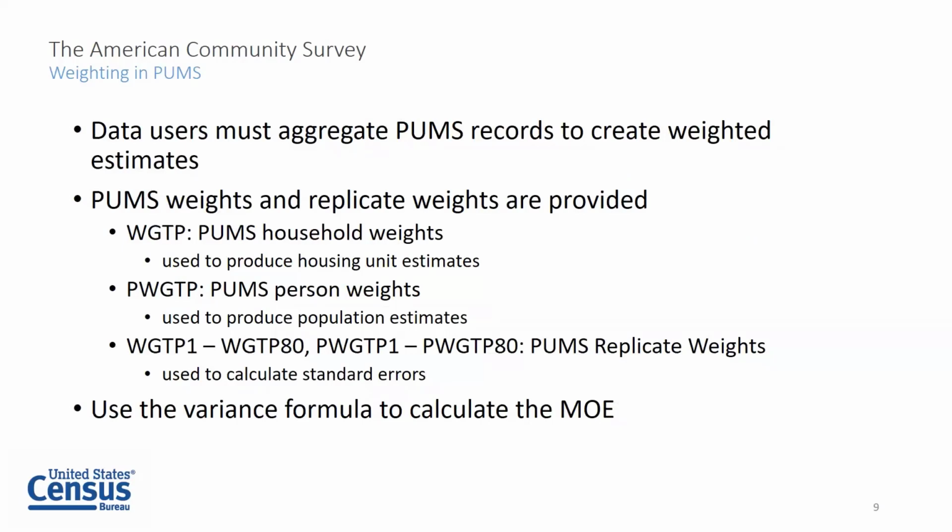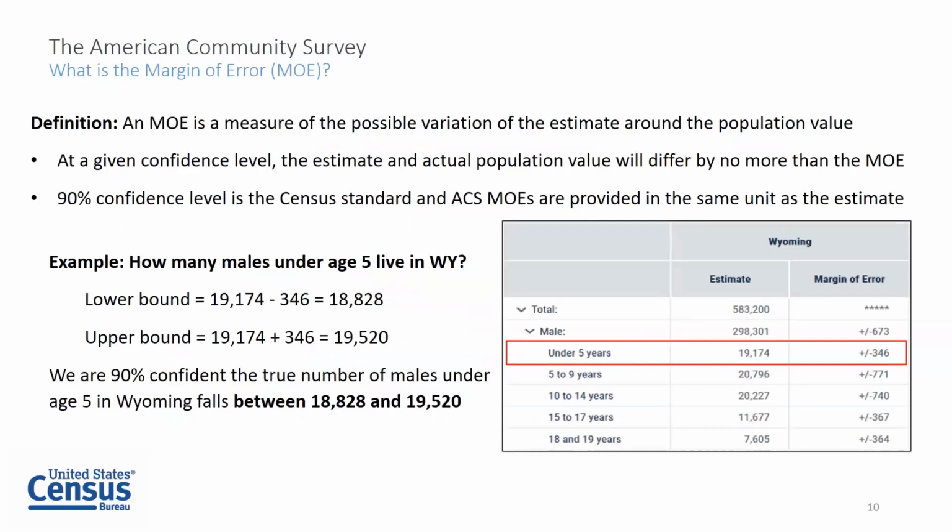If you are working with housing records, you will use the housing weights, and if you're working with person records, you will use the person weights. Replicate weights, those numbered 1 through 80, are used for calculating replicate estimates needed to calculate standard errors. From then on, standard errors using the replicate weights are necessary in order to calculate the associated margins of error, or MOEs. And on that note, we love it when you use MOEs.